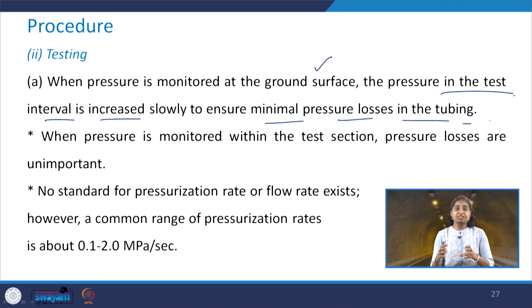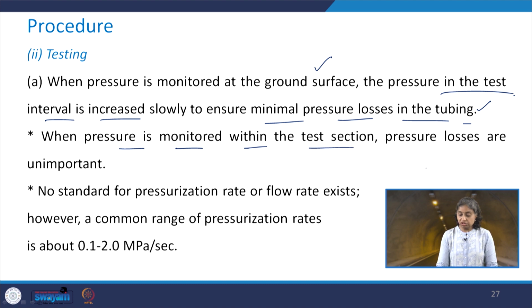So, if this is increased at a faster rate, there will be more losses in the tubing, and whatever pressure is desired to mobilize at the test location will not be achieved. So, when the pressure is monitored within the test location, the pressure losses are unimportant, but if it is monitored at the ground surface, we need to keep this in mind.